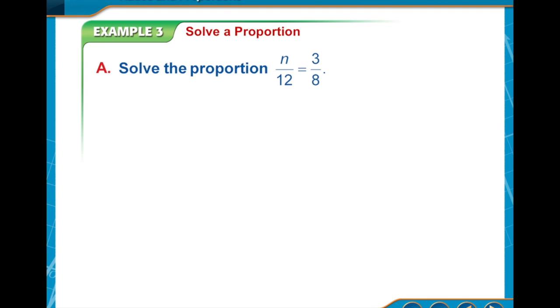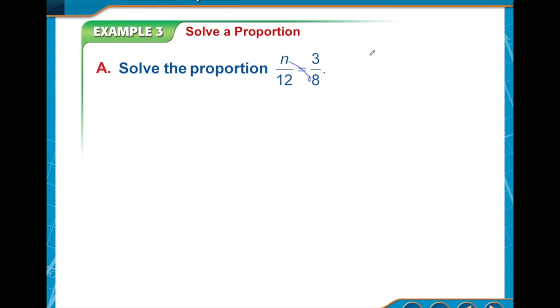Okay, so the third type of example for today asks us to solve a proportion. So given a setup, they tell us what's equal to what. We have two fractions here. And they give us a variable, so one of the numbers is missing. We can solve for it by using the cross products just like we were. So we'll do n times 8.